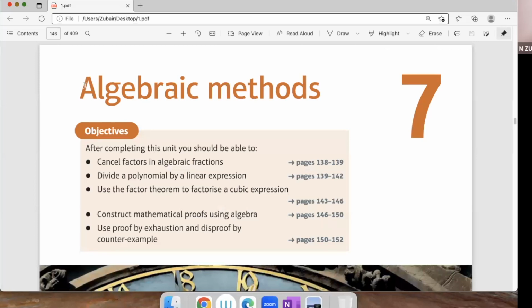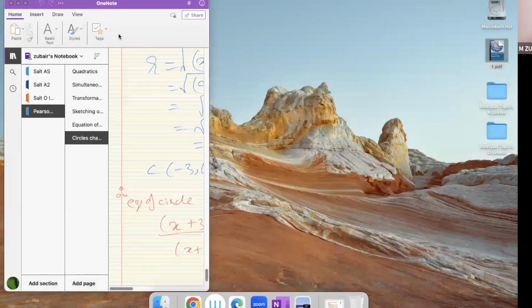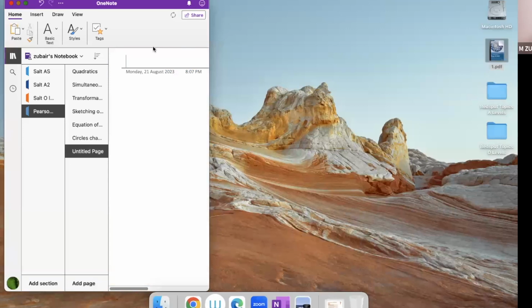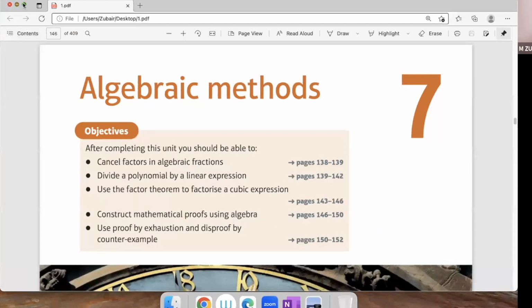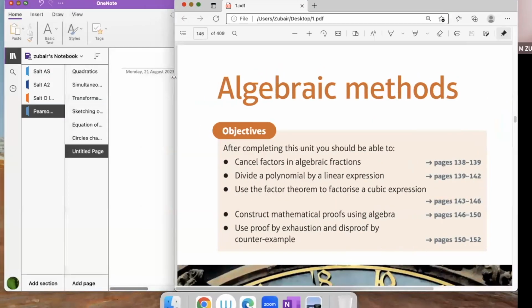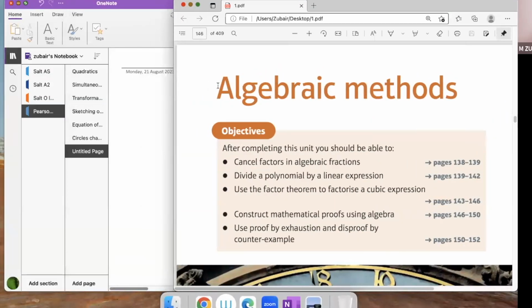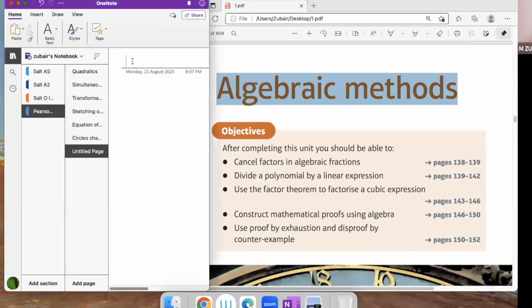If there's no issue, we can start with chapter number 7, algebraic methods. Okay, algebraic methods.